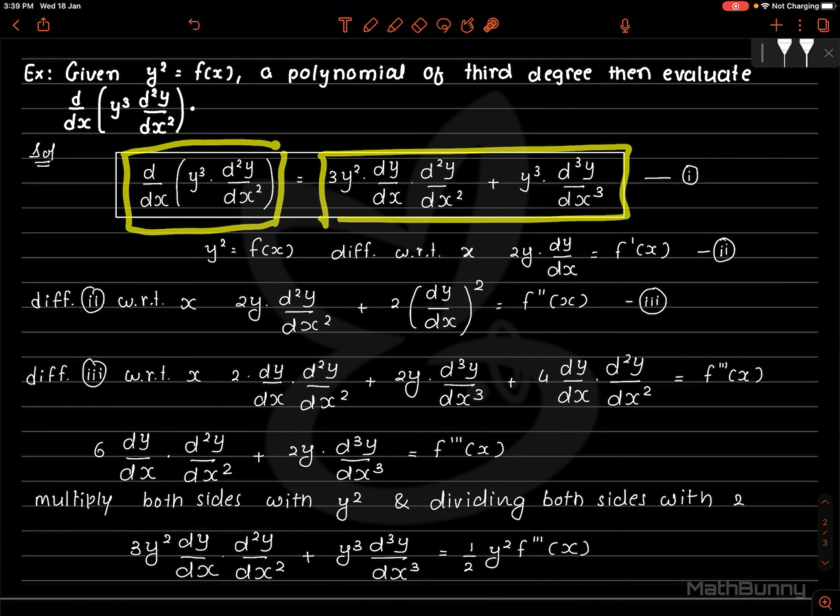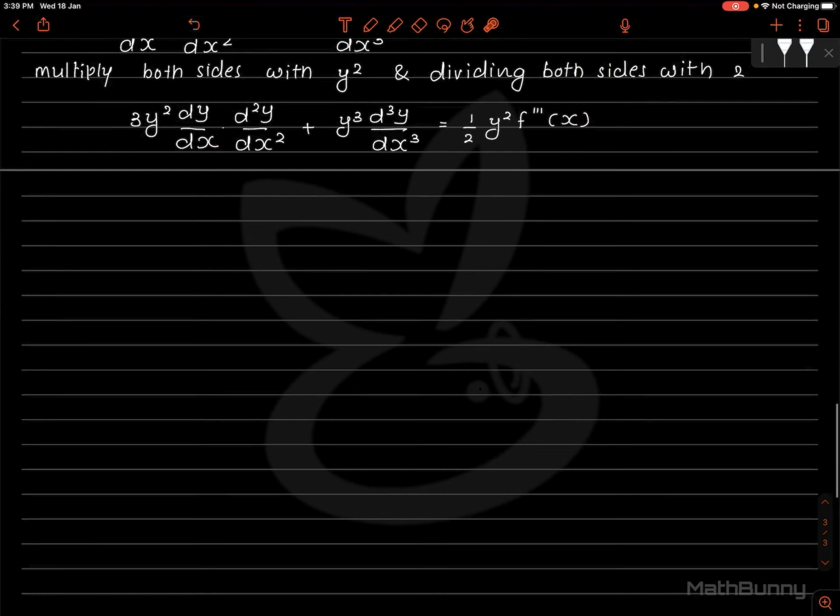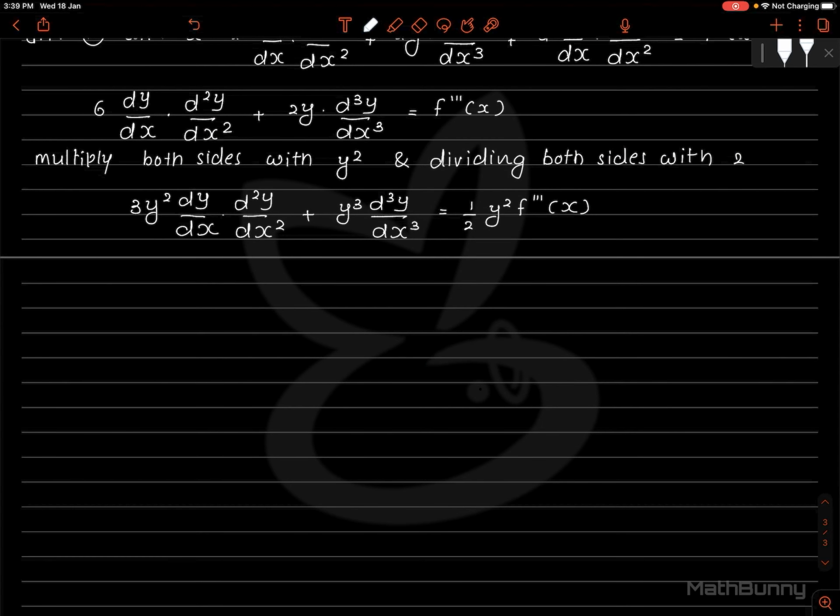D by dx of y cube d square y upon dx square, should be equal to d by dx of y square into d square y upon dx square. This would be our answer.